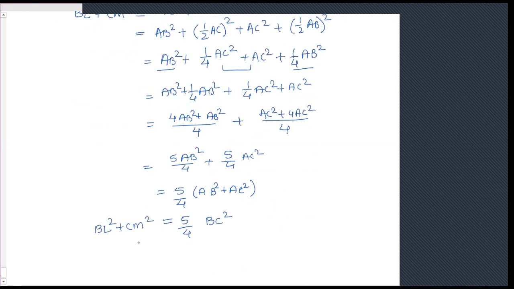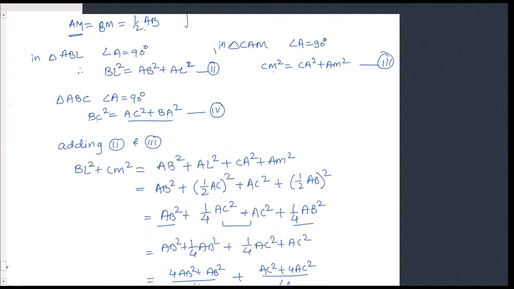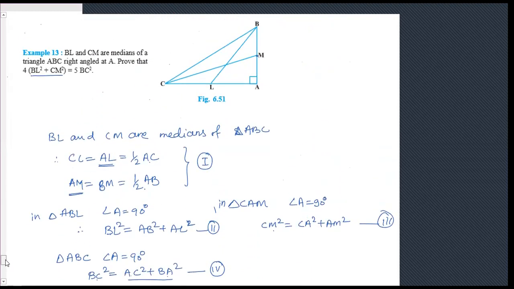So this 4 will go to the LHS. So 4 into BL square plus CM square is equal to 5 BC square. Clear? Is this clear? Yes, ma'am. Then write it down.